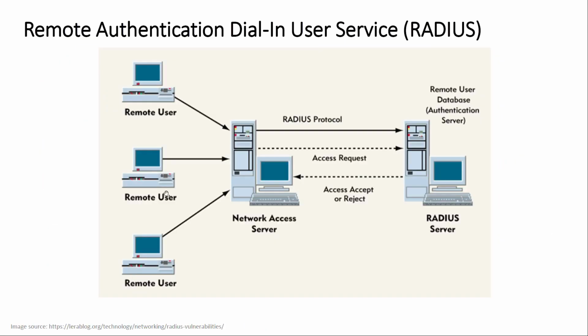So it works something like this. You have a lot of remote users and they want to dial in and use some server, so they connect to the network access server. Here the Radius protocol is used, so there's a Radius server here. So you type in your credentials and it authenticates you.